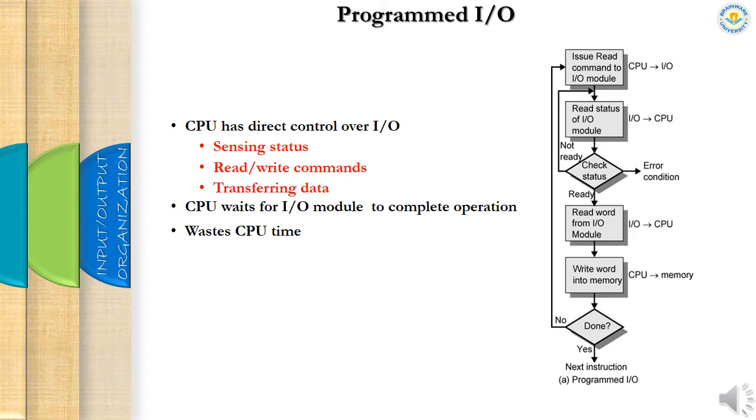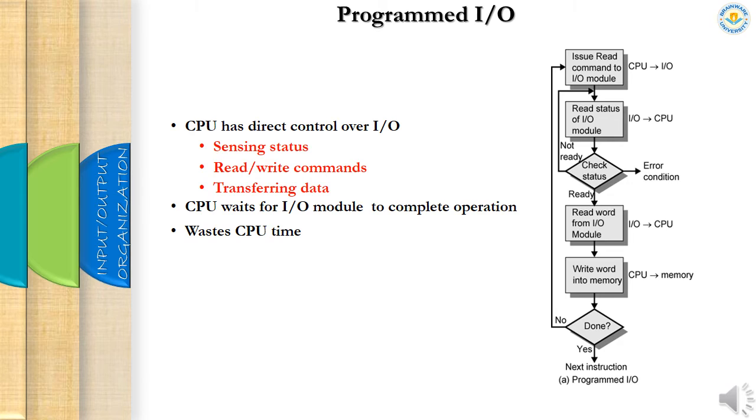Let's have some brief idea on the programmed I/O technique. Here, the transferring of data from I/O devices to the memory is done with the help of a handshaking procedure. The device transfers bytes of data one at a time as they are available.